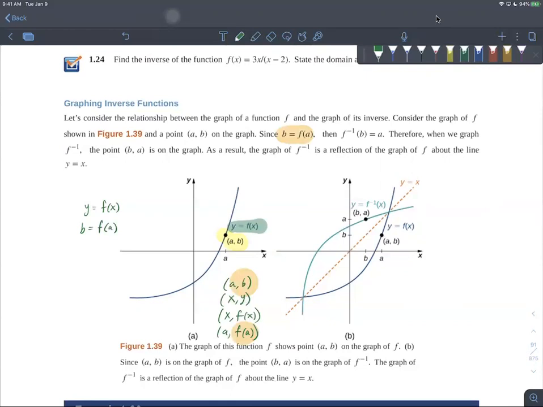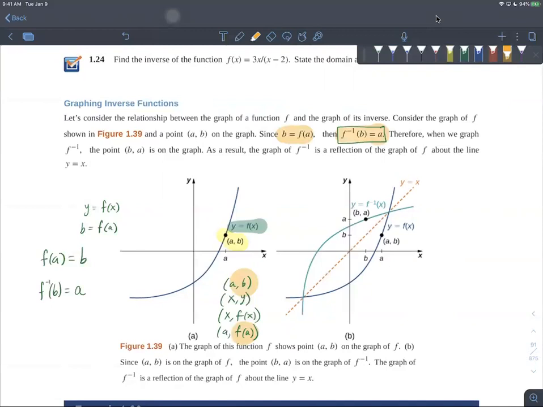But then remember that if b equals f of a, meaning that a gets mapped to b under f, then what does f inverse do to b? It sends it back to a. And that's what we're saying in this box here.